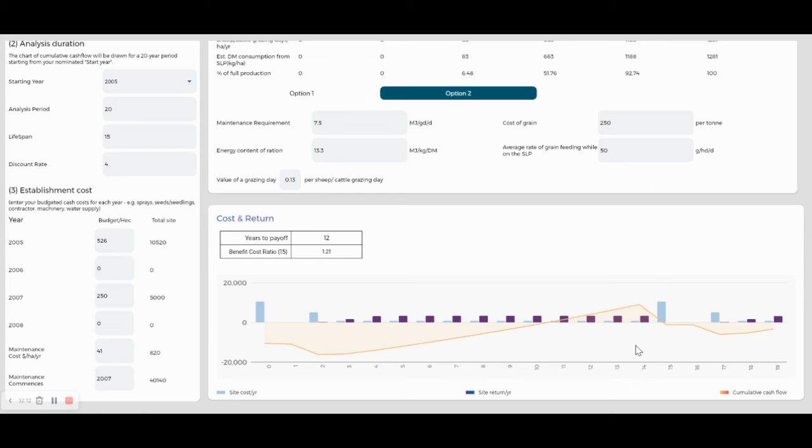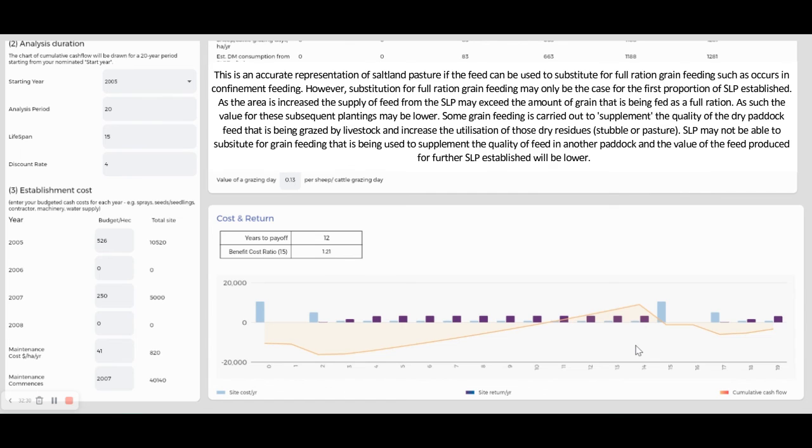An assumption behind the calculations that's important to understand is that this calculation represents using the Saltland pasture as a substitute for full ration grain feed. That would be the equivalent of having animals in confinement.